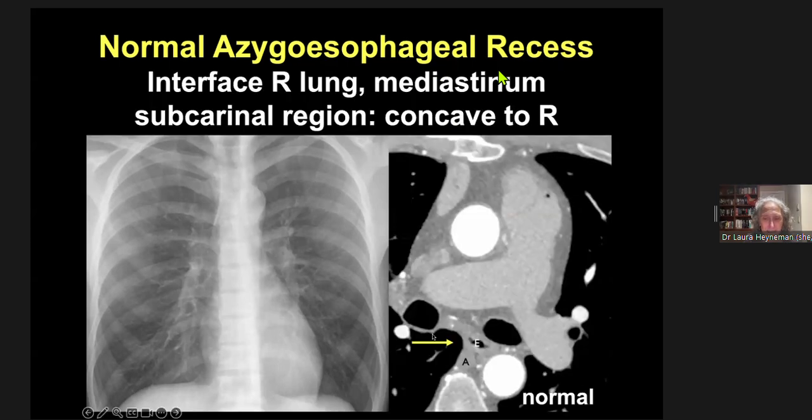So anatomically, here's the azygos vein, here's the esophagus. It is this interface between the right lung and that portion of the posterior mediastinum. And in the subcarinal region, this should always be concave to the right.